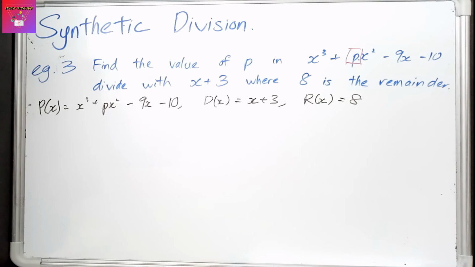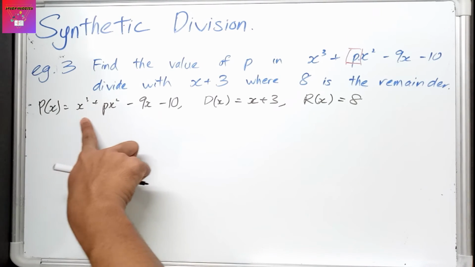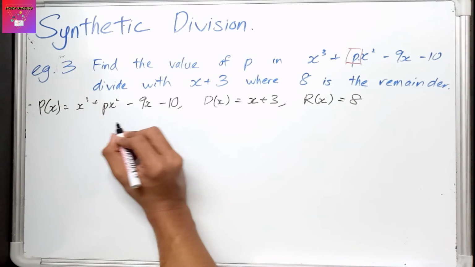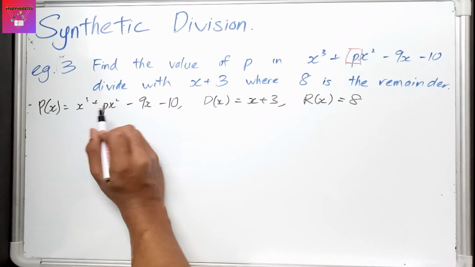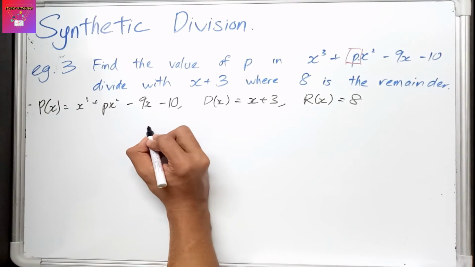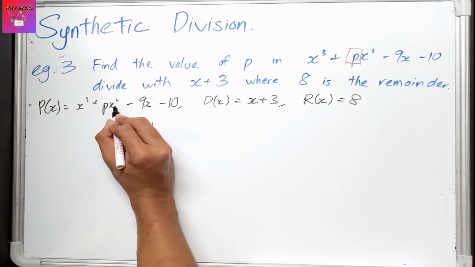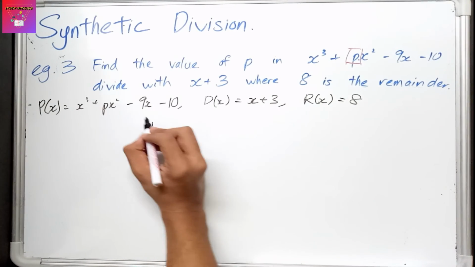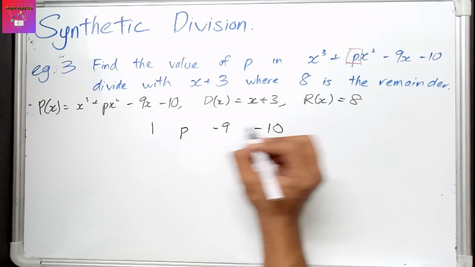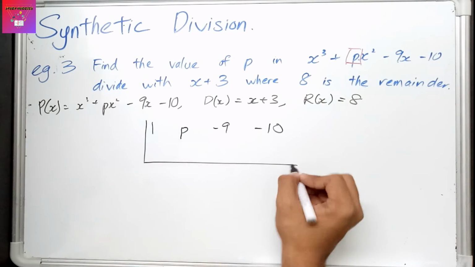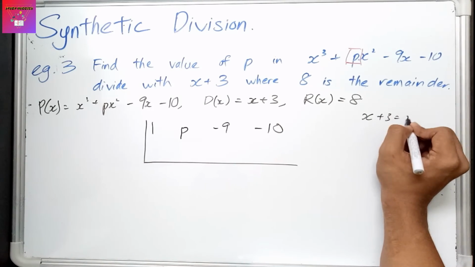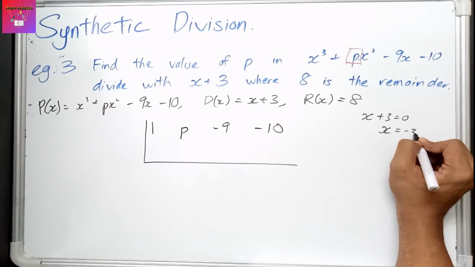So how do we solve this division of p(x) and d(x) in synthetic division? By listing down the values in front of the coefficients. This is a power of 3 equation, so we start off with 1, p, negative 9 and negative 10, and then we draw this line. x plus 3 equals 0, where x is equal to negative 3.